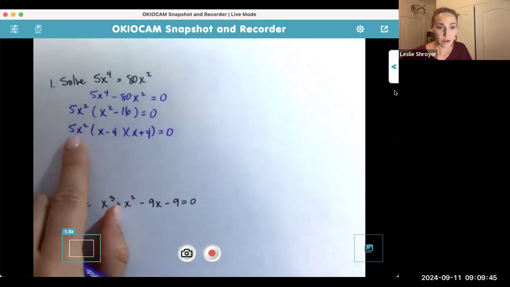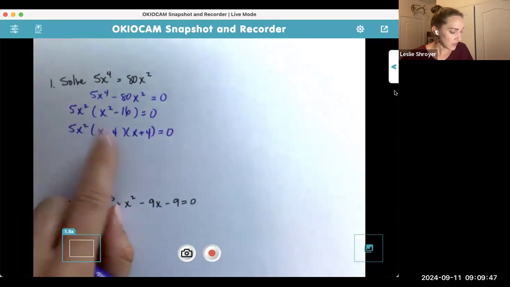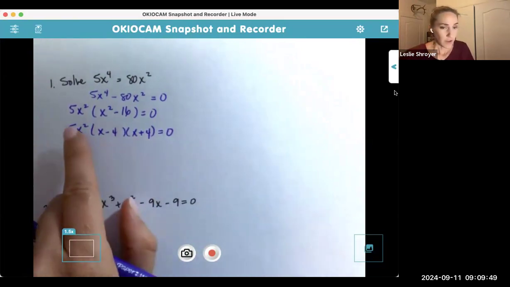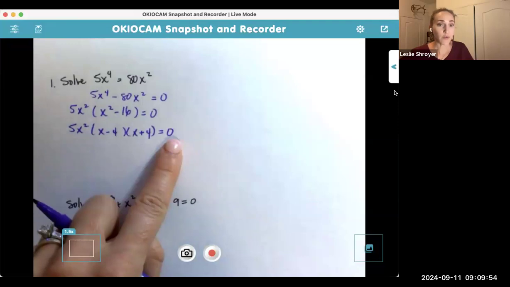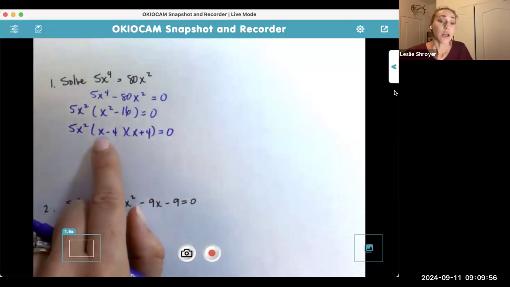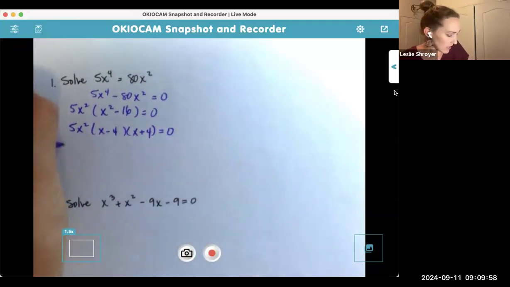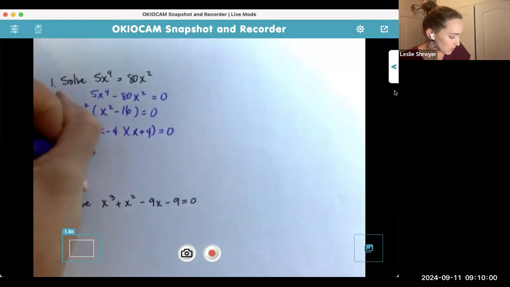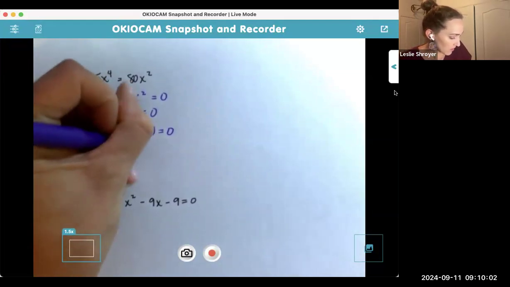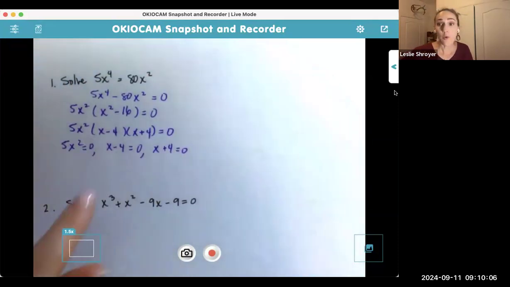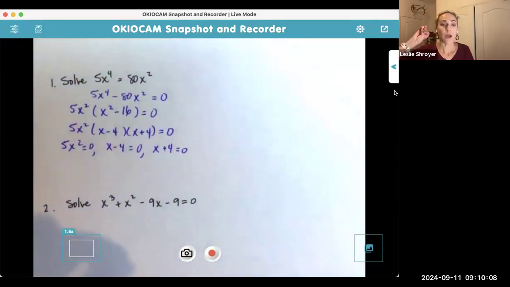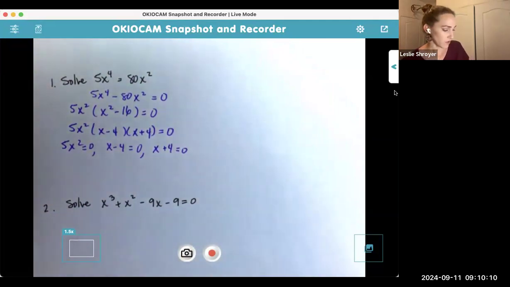So the zero product principle says that any 2 terms, any 3 terms, if they're multiplied together equals 0, well, that means each term can potentially equal 0. So we take each term, set them equal to 0, and solve. So what 3 numbers does x equal?